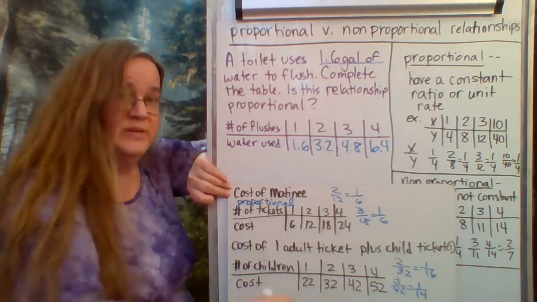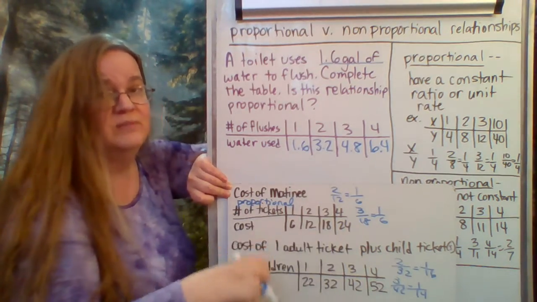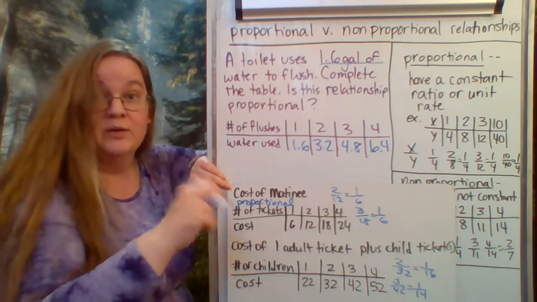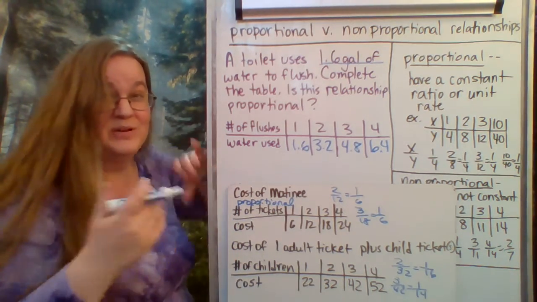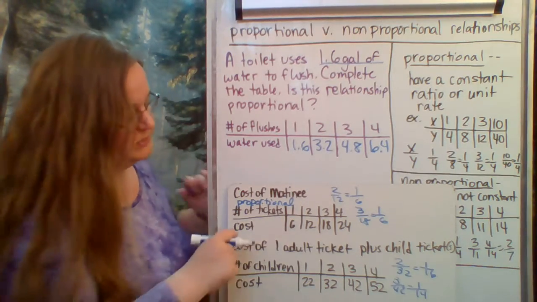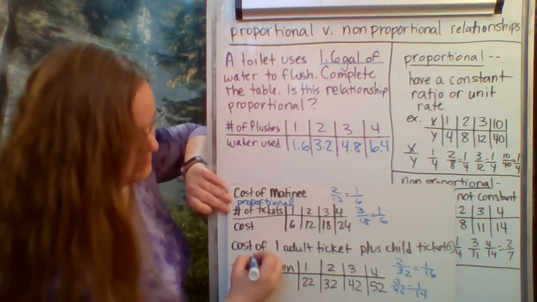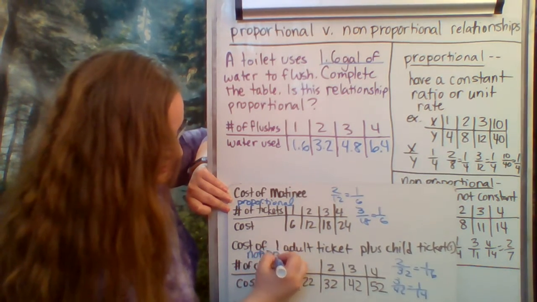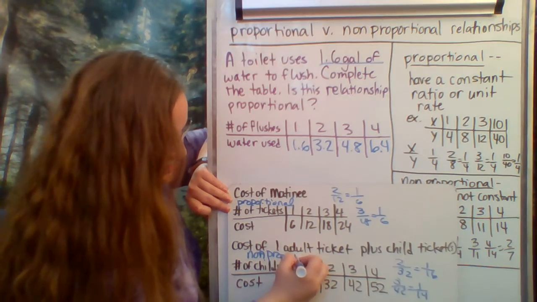It's not going to be that constant ratio each time because the adult ticket costs more and we started out with that. Okay. If everybody's was all the same and we just started out with one person and then two people and three people like we did on the matinee, it'd be proportional. But this one is not. So non-proportional because it is not the same amount each time.